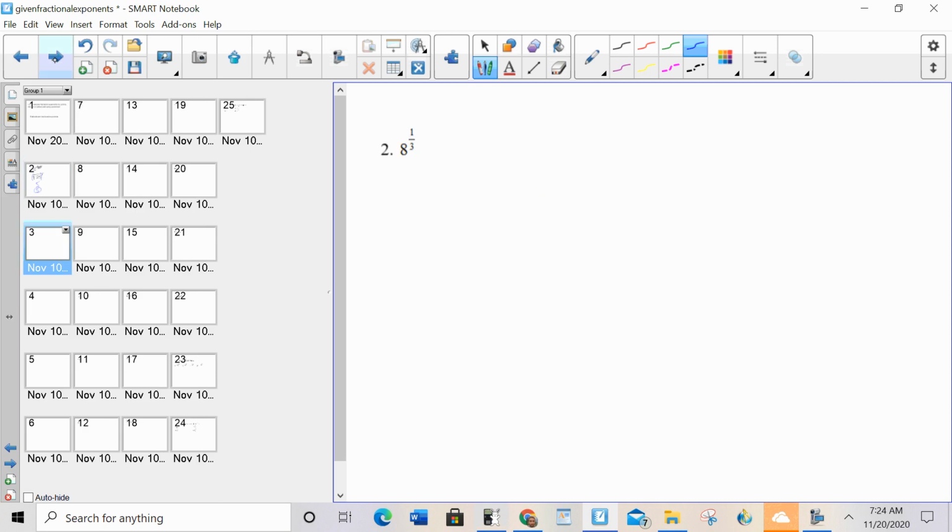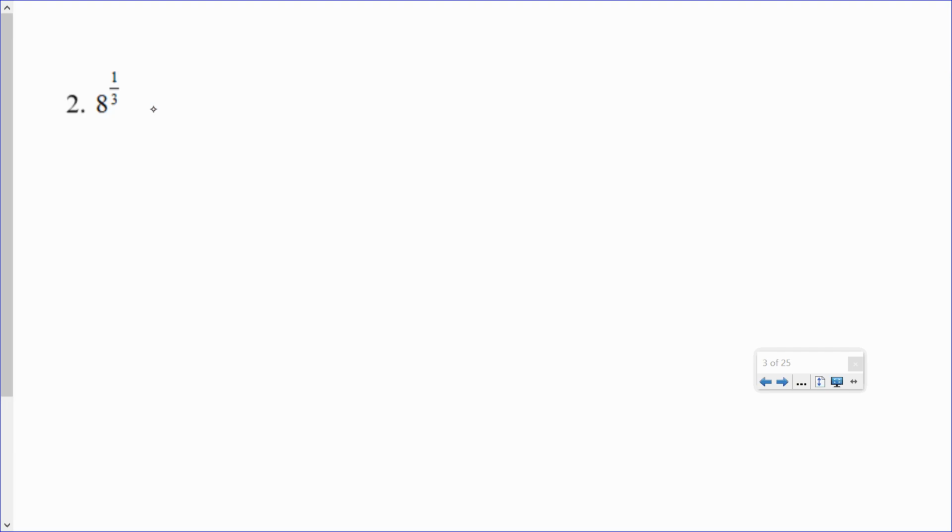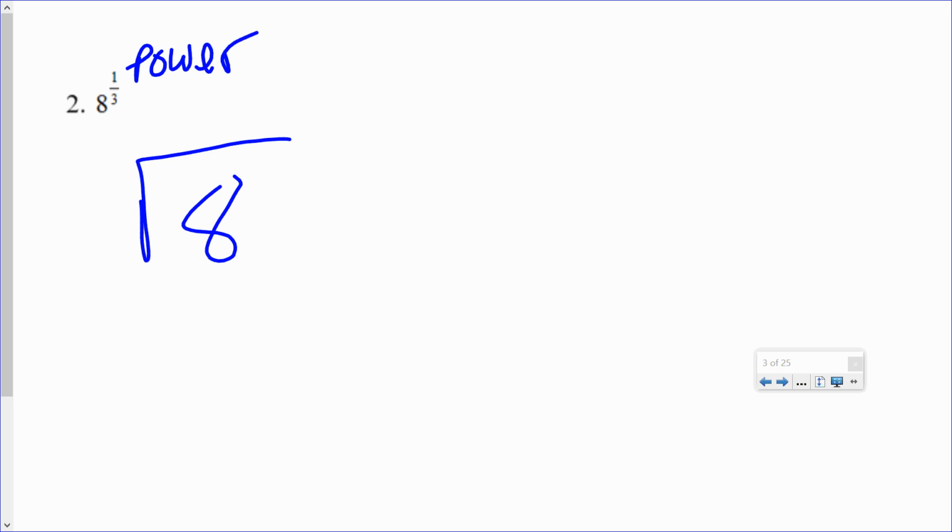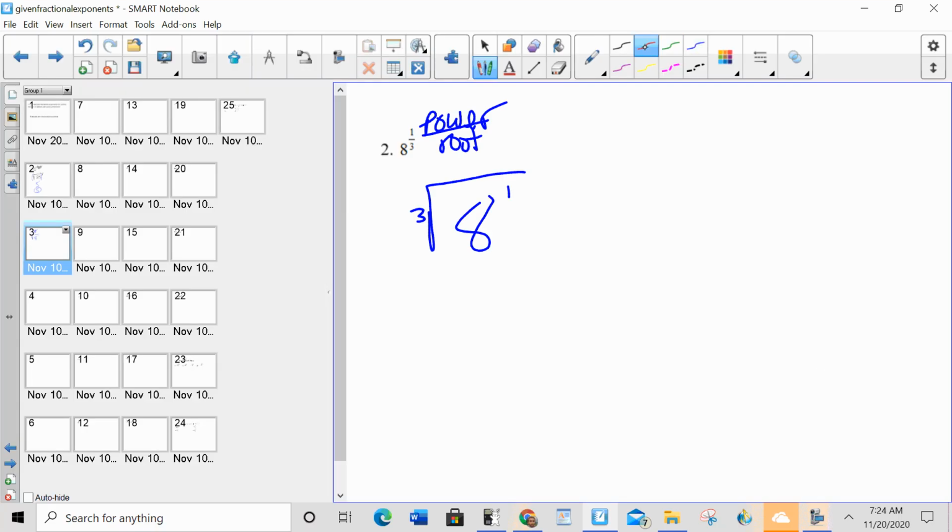8 to the 1/3 power. I see a fractional exponent, so I make a radical. The fraction is always the power over the root. So the power is 1, and the root is 3. So the first thing I'm going to do is take the cubed root of 8. Again, ideally, you're doing this mentally.